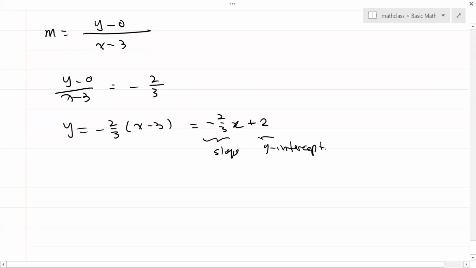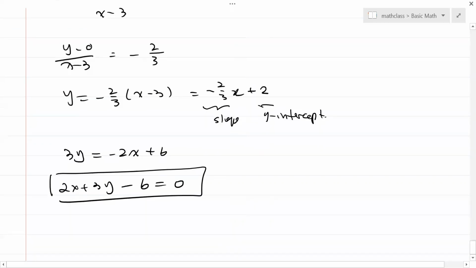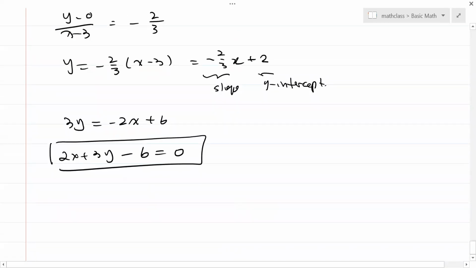Now you can multiply both sides by 3, and you get 3y equals negative 2x plus 6. Then you can move 2x to the right-hand side, and that is another version of the equation. So there are many versions of the equation here. It's a linear equation.